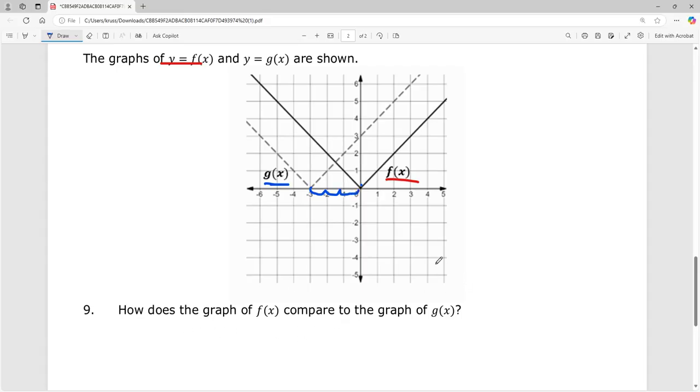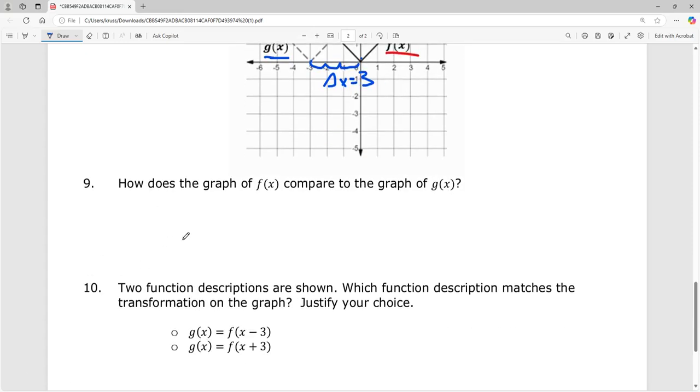You could say that g sub x is 3 units to the left of f sub x, or f sub x is 3 units to the right of g sub x, whichever way you would like to say it. It is delta x equals 3.